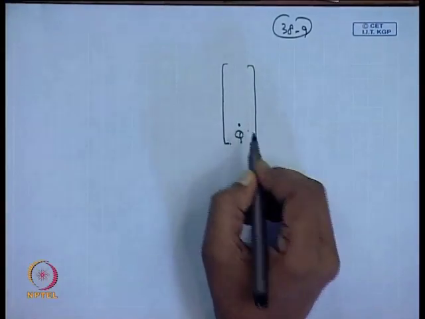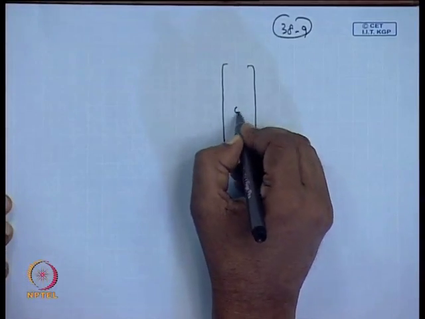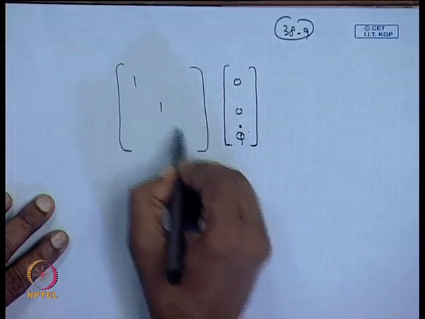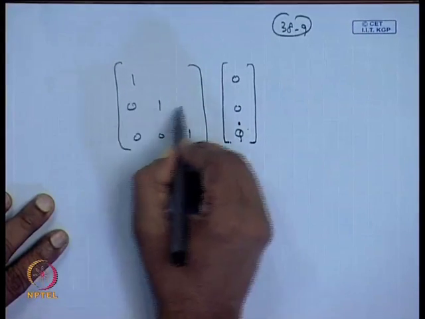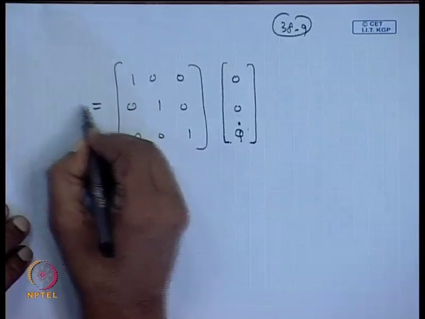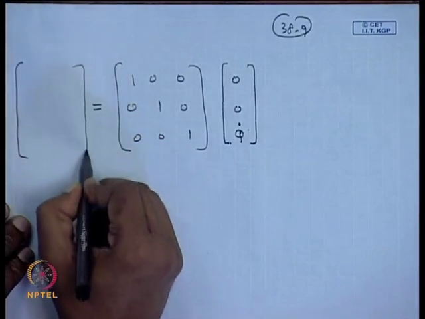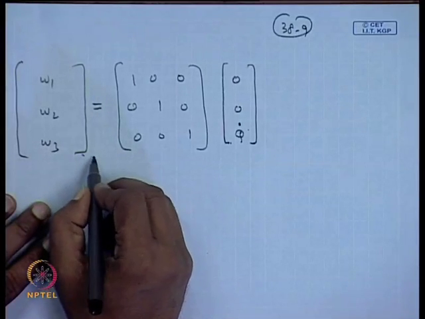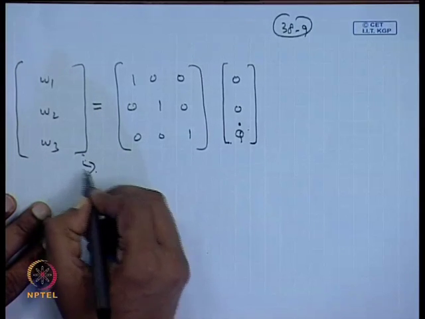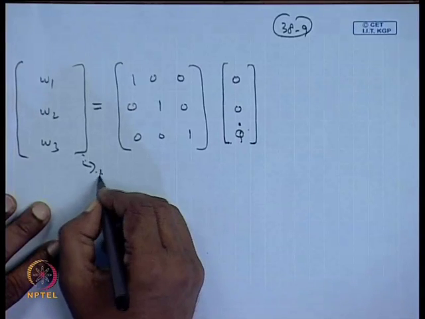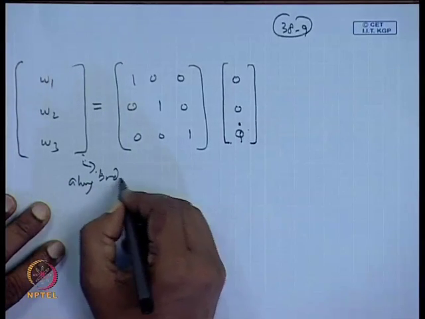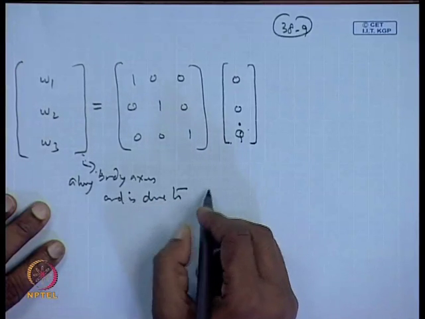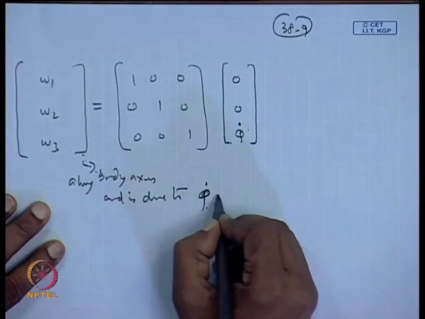So, this phi dot you can represent like this, phi dot 0 0, and this needs to be just multiplied by a unit matrix, and that will convert it into omega 1, omega 2, omega 3 along the body x, and is due to phi dot only.